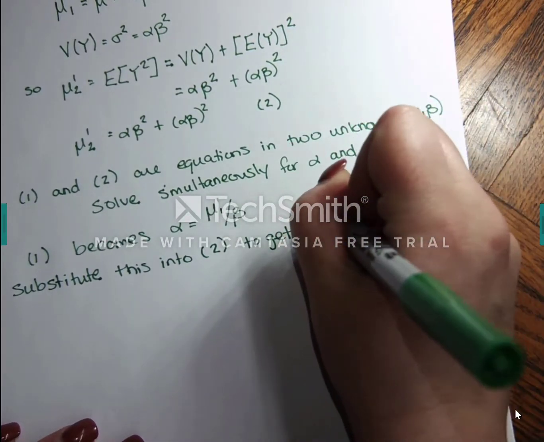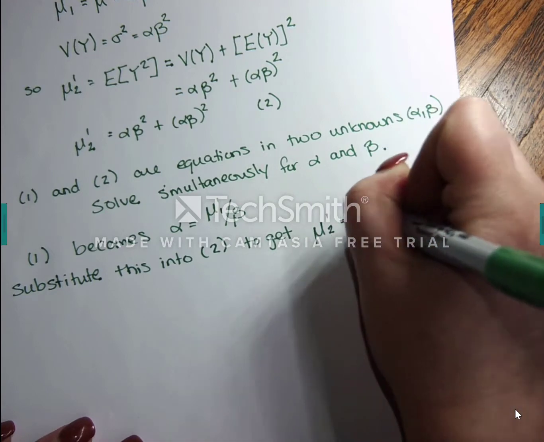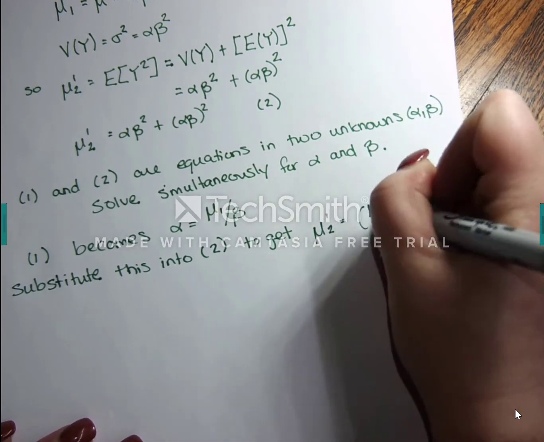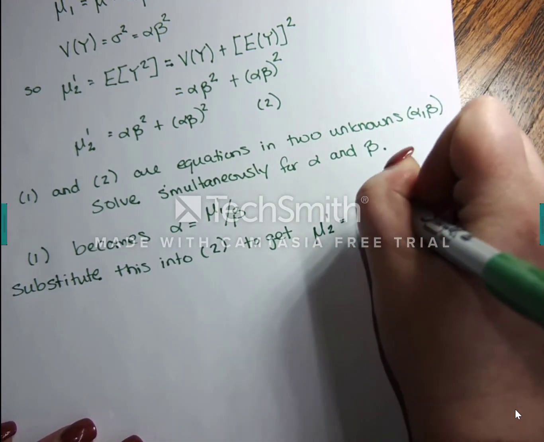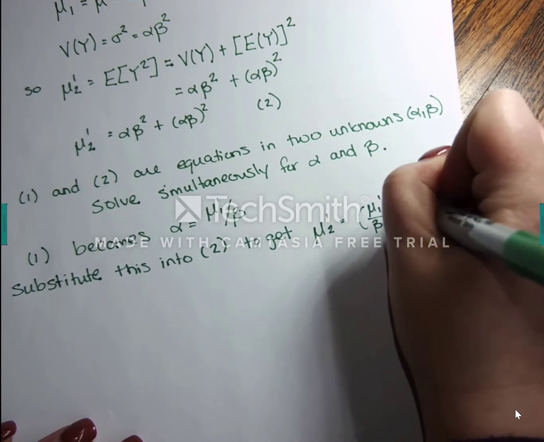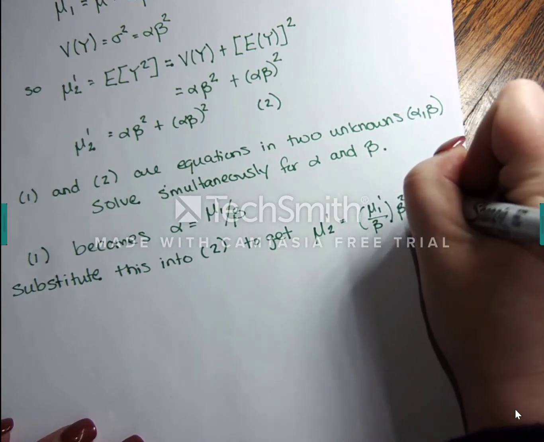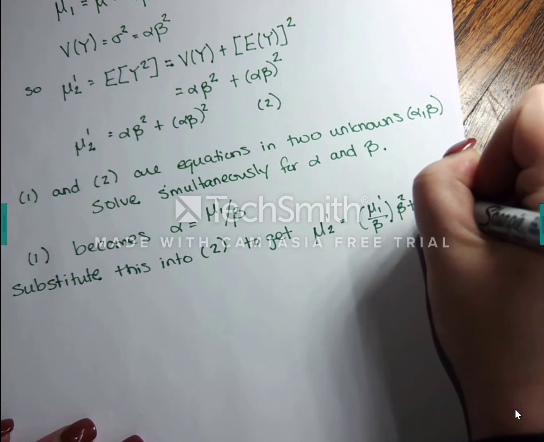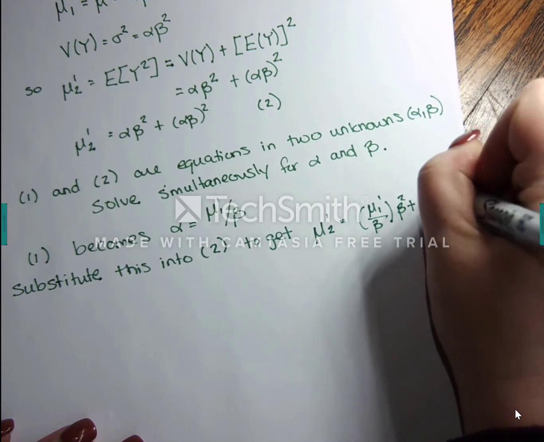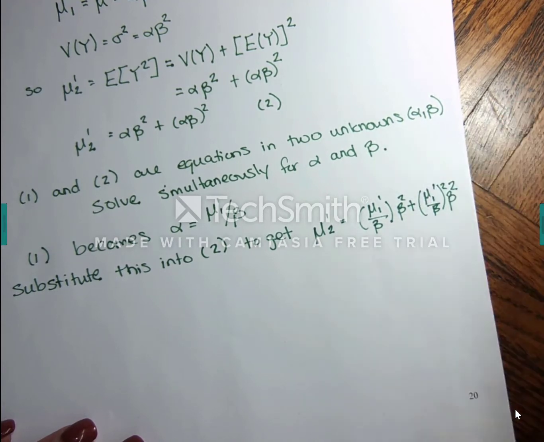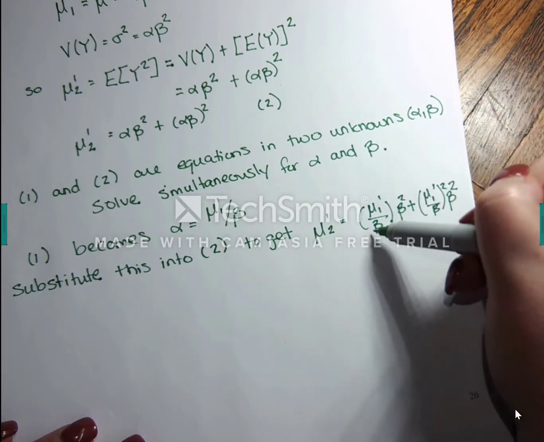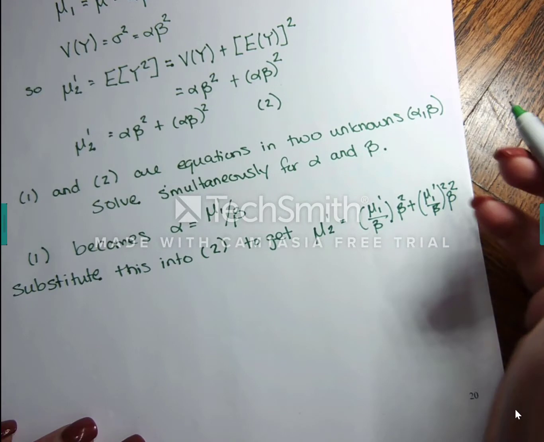We're going to get that mu prime 2 is equal to mu prime 1 divided by beta, times beta squared, plus mu prime 1 squared over beta squared, times beta squared. So notice we're going to get some cancellation of our betas here.